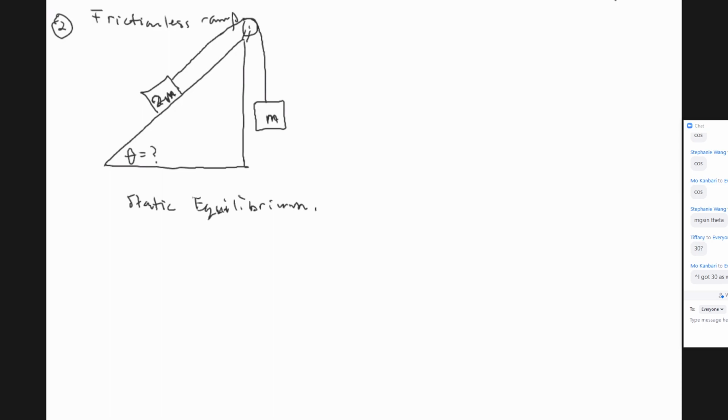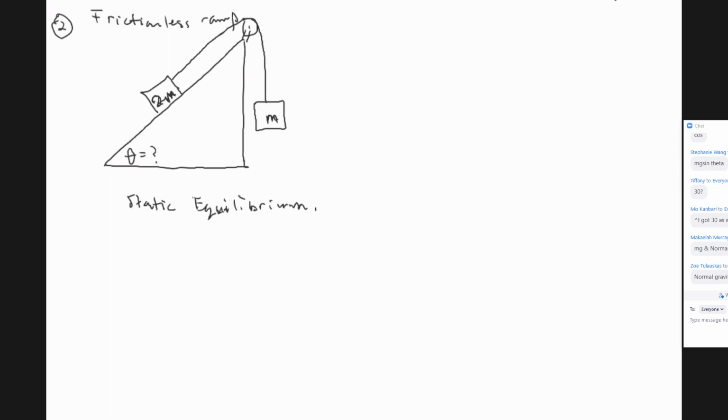So what are the forces acting on the 2m mass? You have to be able to label real forces. We've introduced quite a few today. We talked about normal force, we talked about weight, we talked about friction.